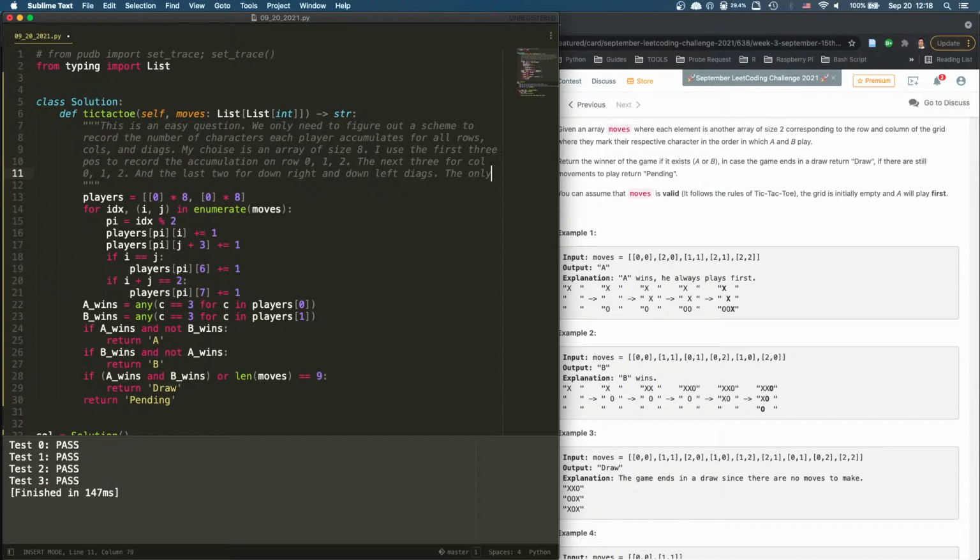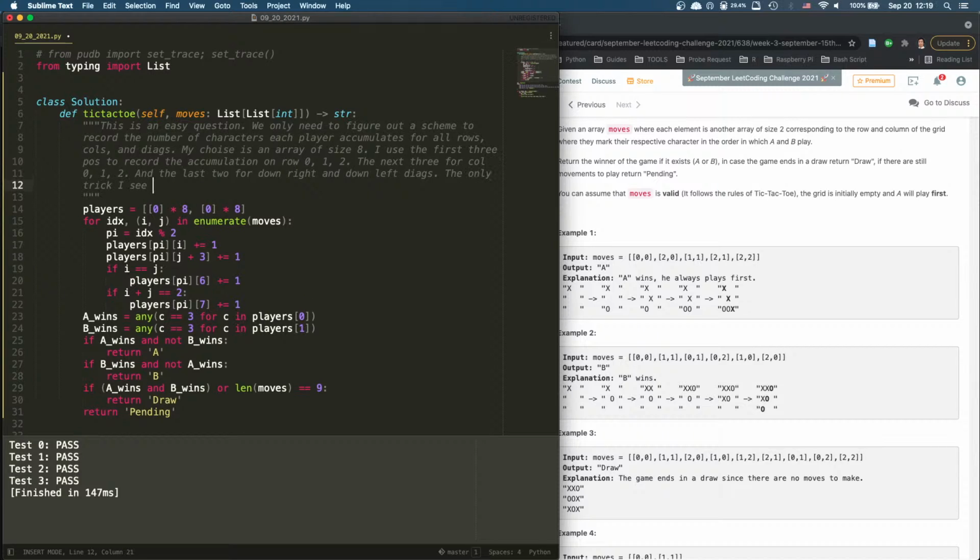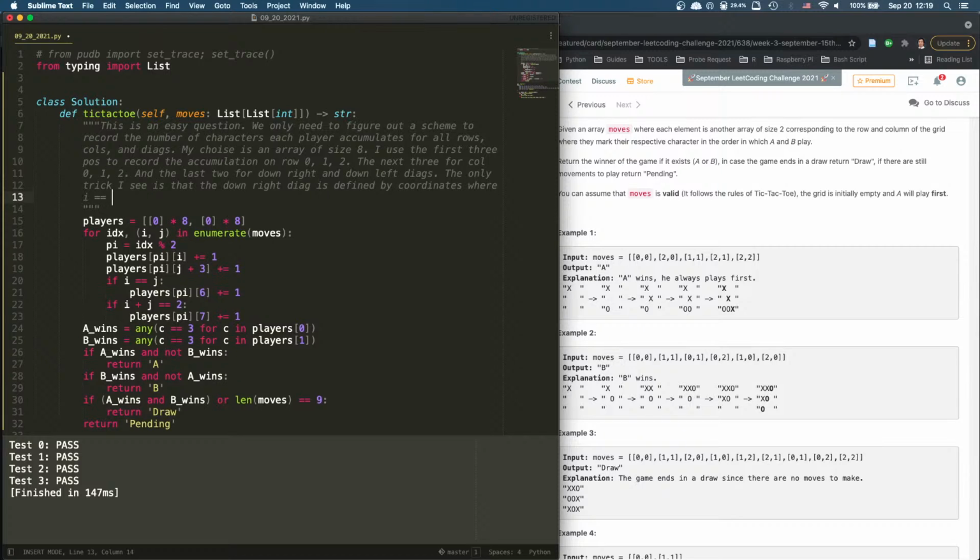The only trick I see is that the down right diagonal is defined by coordinates where i equals j, and the down left diagonal is defined by i plus j equals 2. Other than that, there's nothing.